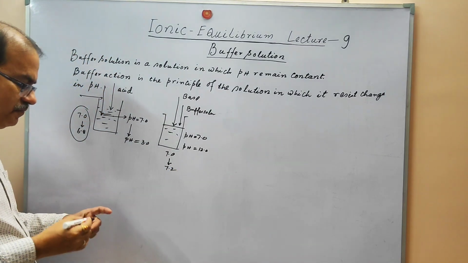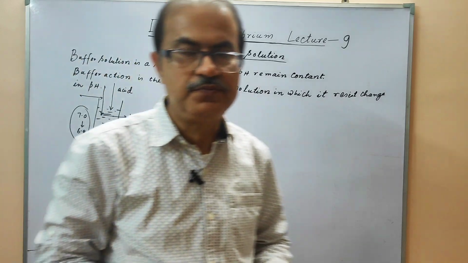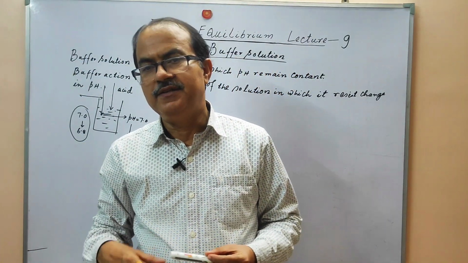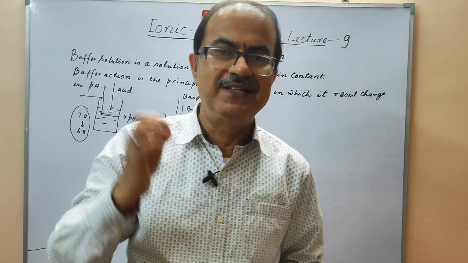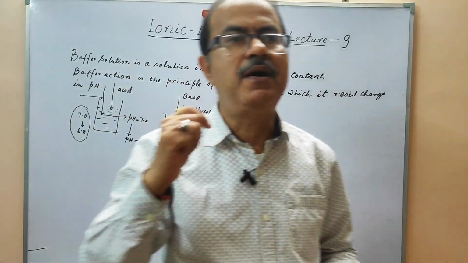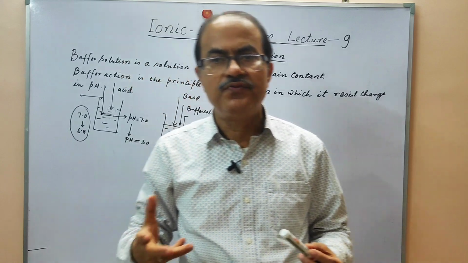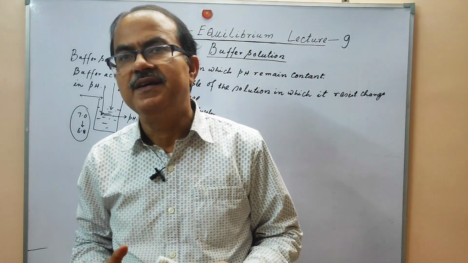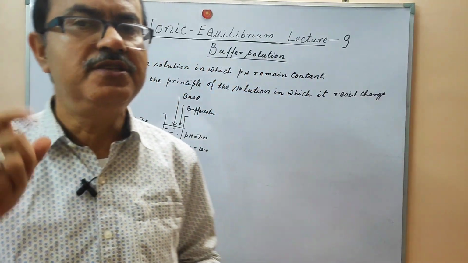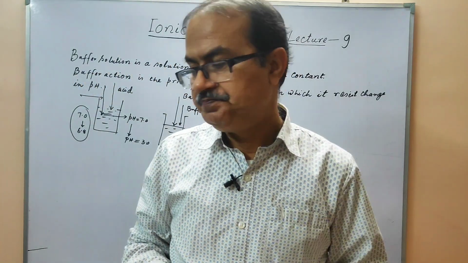So if we give some buffer solution and see that there is only a very marginal change of the pH, that is the buffer solution. And the action of maintaining the consistency in the pH is called the buffer action.